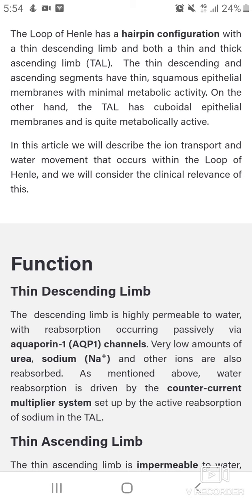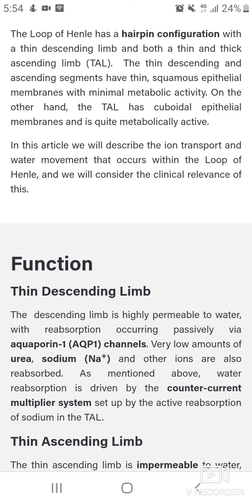In this video we are discussing the topic loop of Henle, a nephron part. The loop of Henle has a hairpin configuration with a thin descending limb and both a thin and thick ascending limb. The thin descending and ascending segments have thin squamous epithelial membranes with minimal metabolic activity.